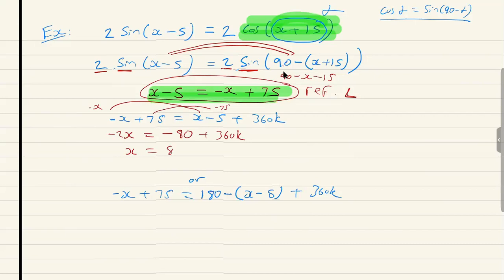X is equal to positive 40, and 360 divided by negative 2 is negative 180k. I'm just dividing each side by negative 2. So, this is one solution.